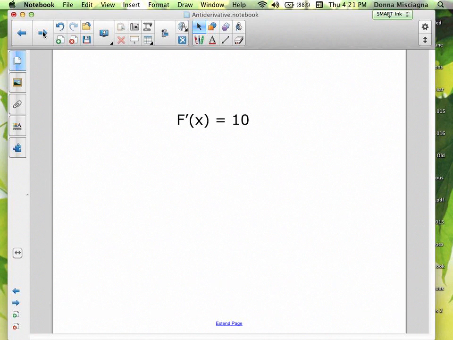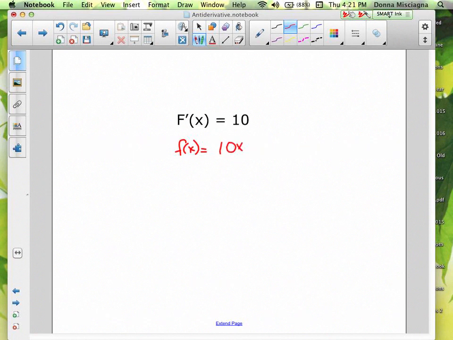Welcome back. Okay, so if you wrote down 10x, you are correct. The derivative of 10x would indeed be 10. Right? This would be a power rule. Okay? So it would be the coefficient, and the exponent is a 1, so the 1 would move in front. 10 times 1 is still 10.